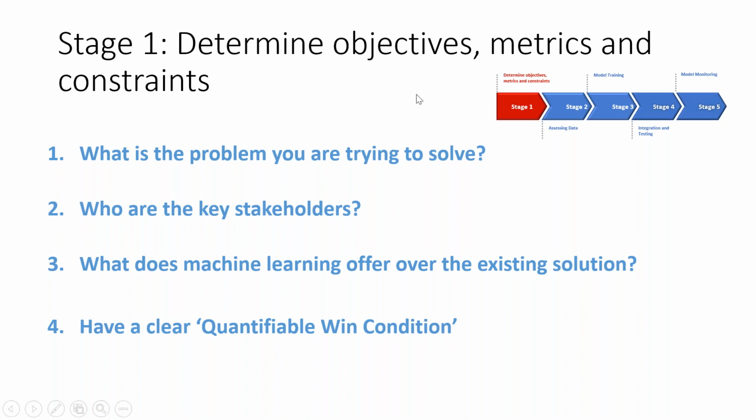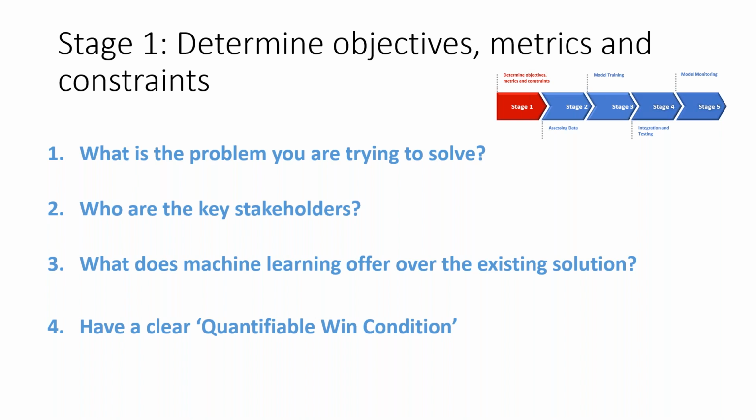So stage one, a quick recap. What is the problem you're trying to solve? Be able to express it. I'm predicting attrition, whether an employee leaves or stays. I'm predicting real estate transaction price, or something like that. That will give you a clear idea of what you are doing, regression or classification or clustering.